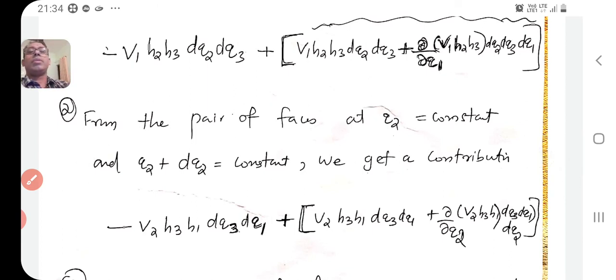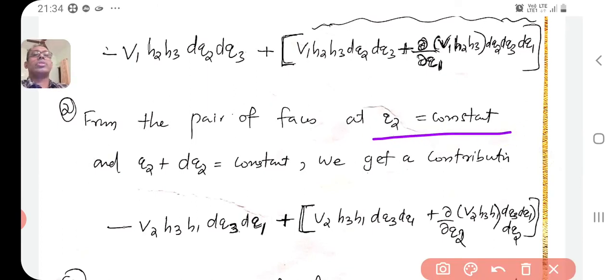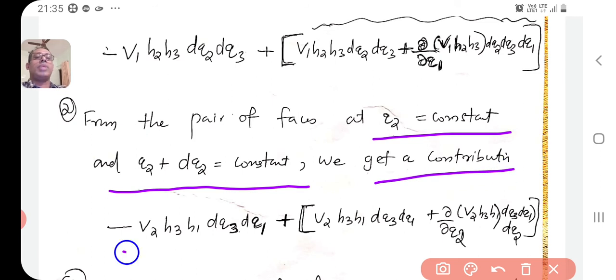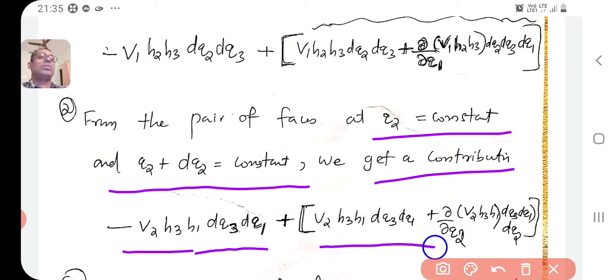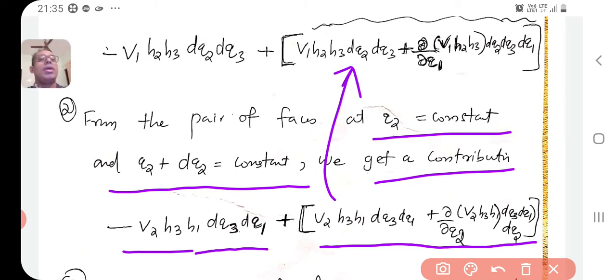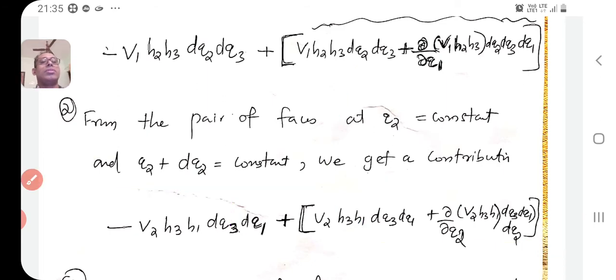Now for the pair of surfaces q2 constant and q2 plus dq2 constant, we get a contribution minus v2 h3 h1 dq3 dq1, written in the same fashion, and this will get cancelled and we have this.